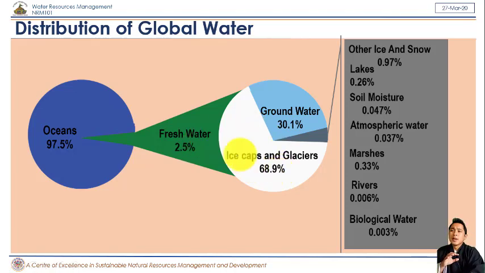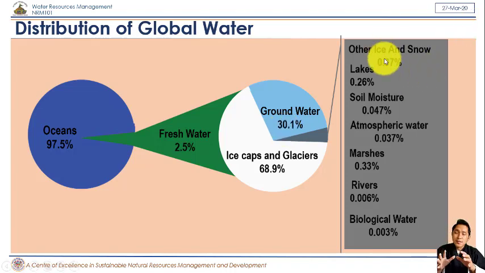And again, out of that 2.5, which if you take as 100% again, ice caps and glaciers amount to around 70%, and 30% is taken up by groundwater, and the rest, around 0.1% or 0.2%, is left for us to actually use. And those are again in the form of ice and snow.